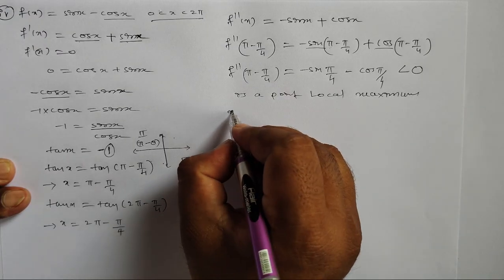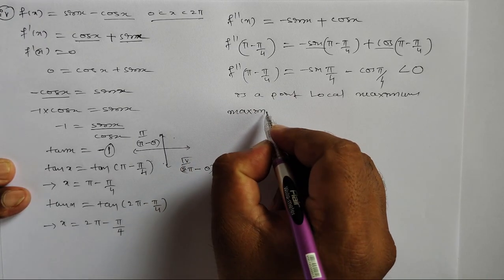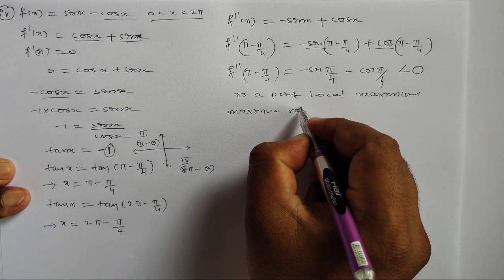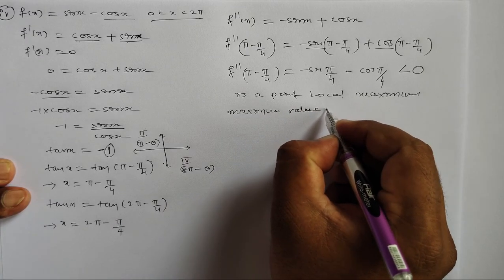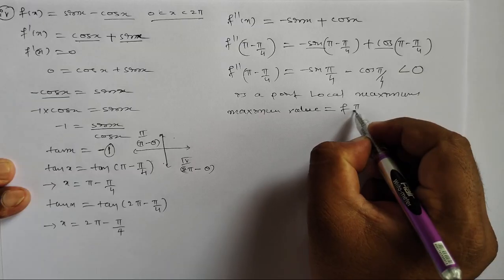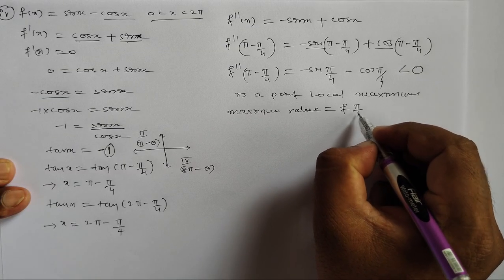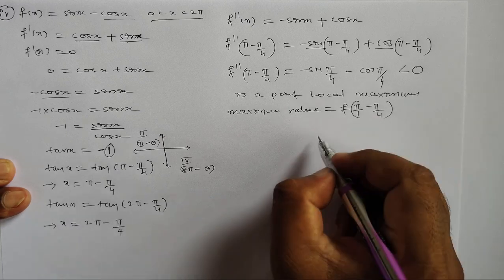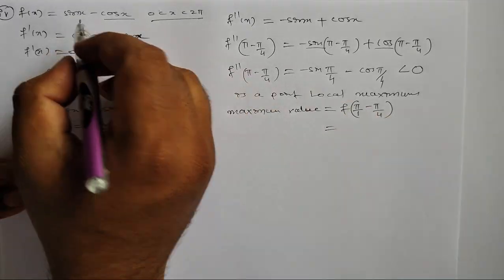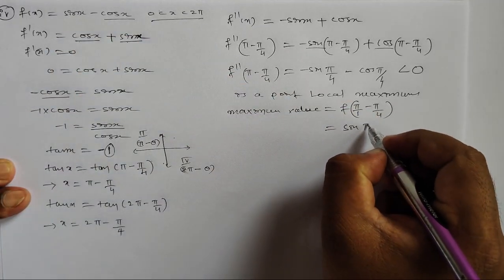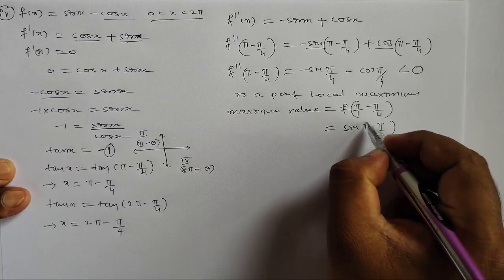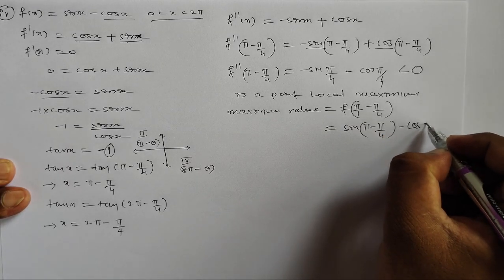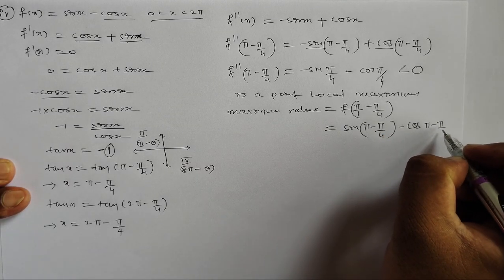So what is the maximum value? The maximum value is equal to f of pi minus pi by 4. I'll substitute pi minus pi by 4 here: sin(pi minus pi by 4) minus cos(pi minus pi by 4).